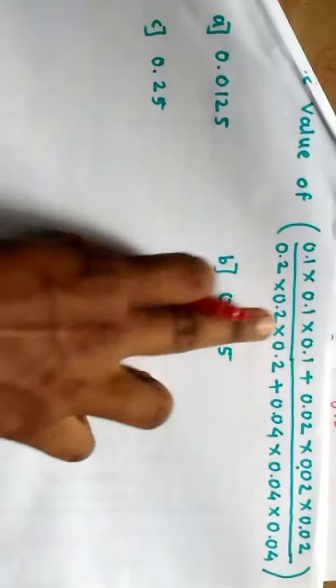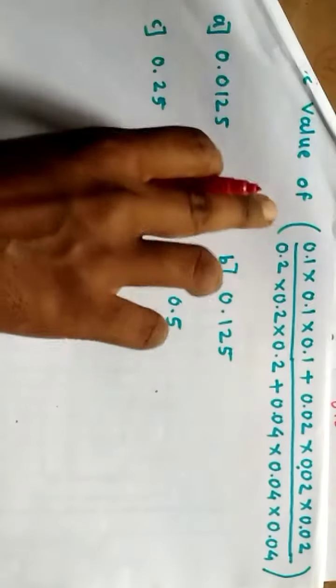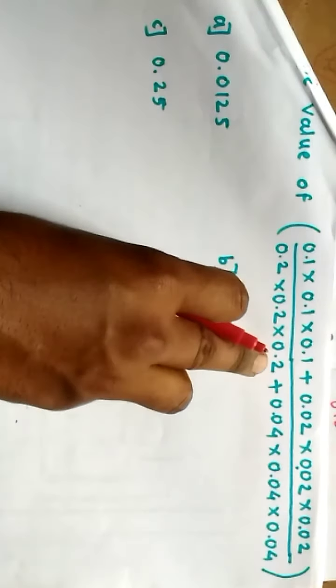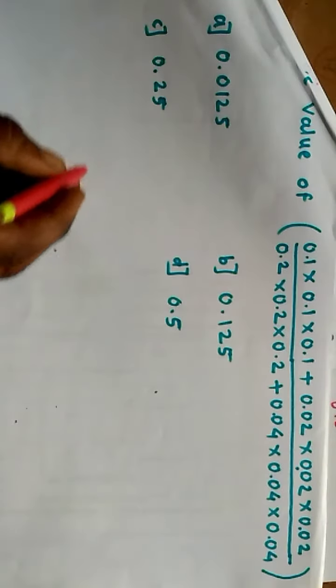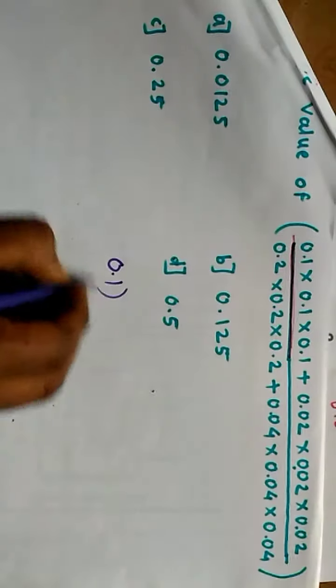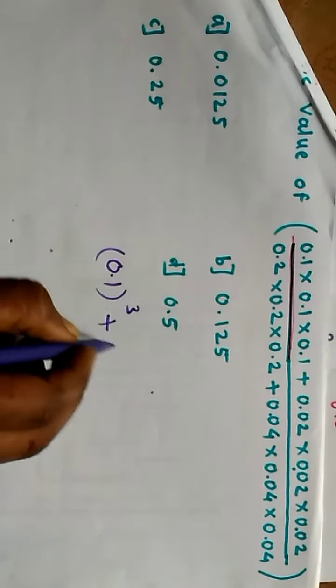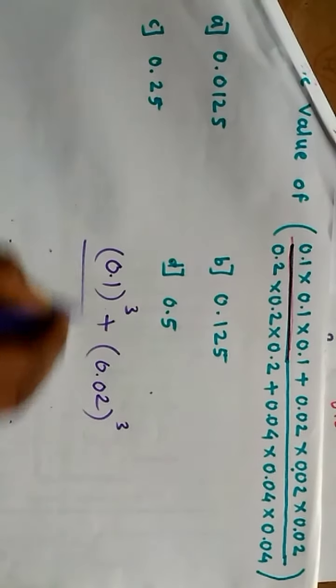Okay, next question is here. Find the value of 0.1 into 0.1 into 0.1 plus 0.02 into 0.02 into 0.02 divided by 0.2 into 0.2 into 0.2 plus 0.04 into 0.04 into 0.04. So for this, these are three numbers, 0.1 whole cube plus this also three numbers, so 0.02 whole raised to 3.